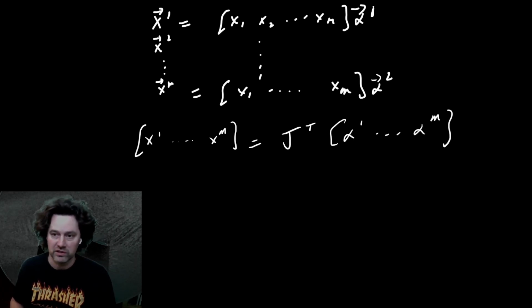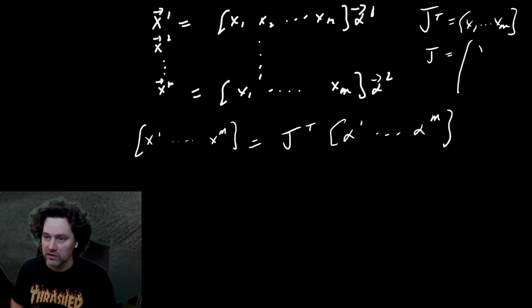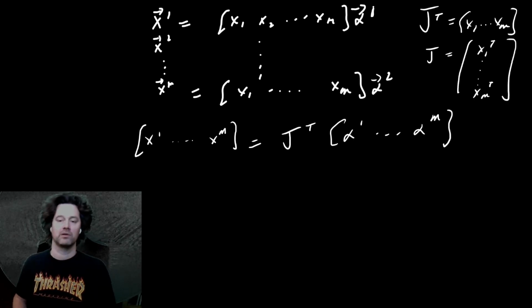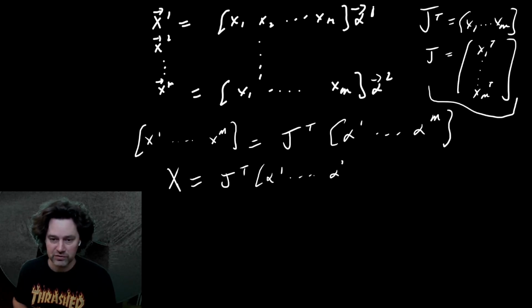And J transposed here is x1 down to xm, because we wrote that J was x1 transposed down to xm transposed. Our matrix of reciprocal vectors equals J transposed times these coefficients to be determined.